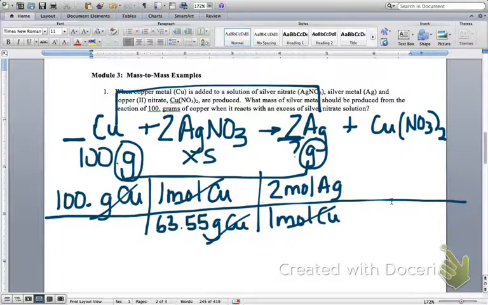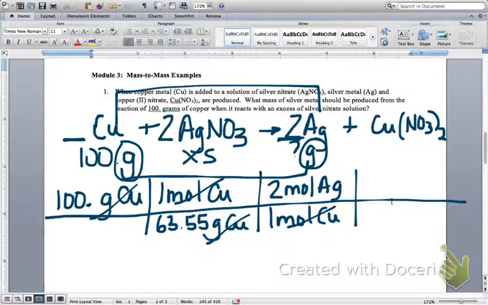But am I currently in the unit that my problem asked me to solve for? It did not ask me to solve for moles of silver. It asked me to solve for grams of silver. But we can convert moles of silver into grams using what? The periodic table. We can use the periodic table and the molar mass of that substance to convert moles into grams.